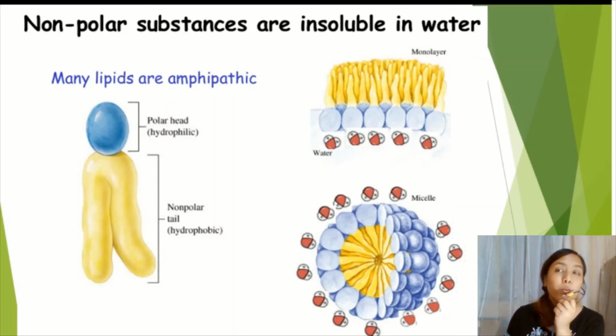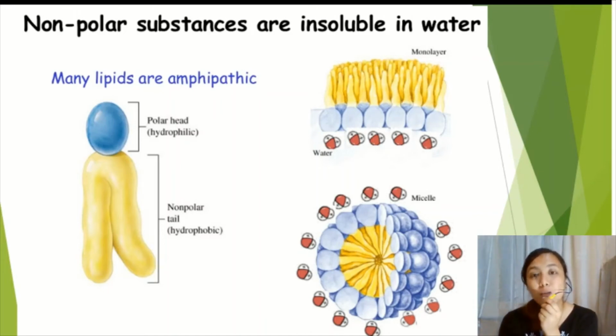When we say phobic, phobia, you are hating the water. So usually this is what a cell membrane looks like. So your micelles are actually present in your soap and detergents. That's why they are soluble in water, but actually they are made up of fatty acids or fats. So they undergo esterification in order to become soap.